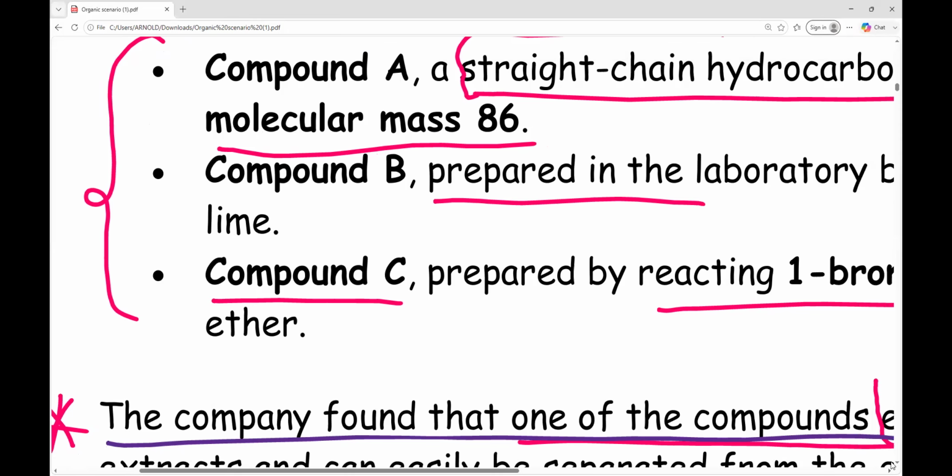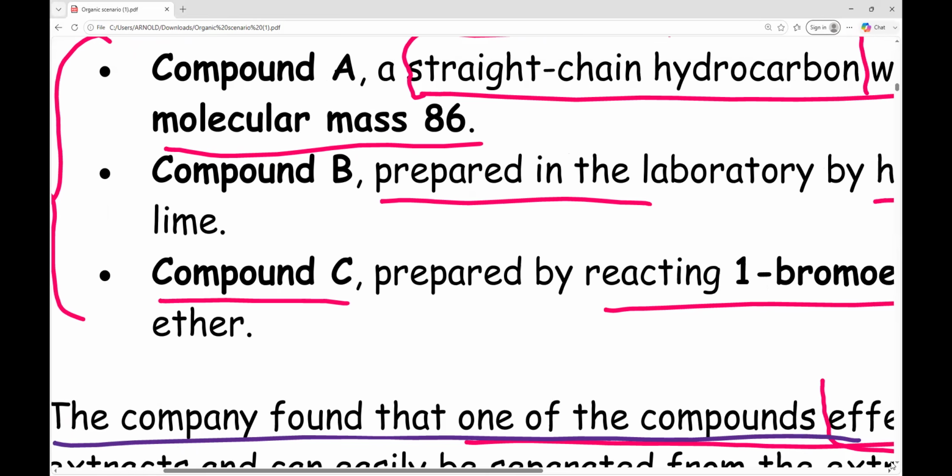So I was saying that compound A was given as a straight hydrocarbon. It is made up of two elements. See, we don't have a branch in it. All atoms are arranged in a straight line.